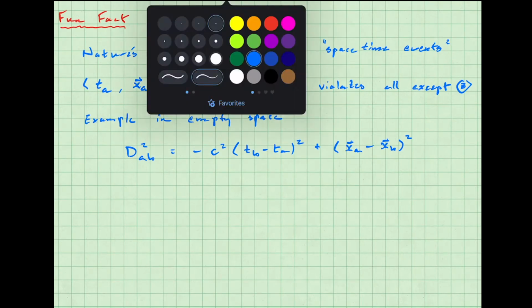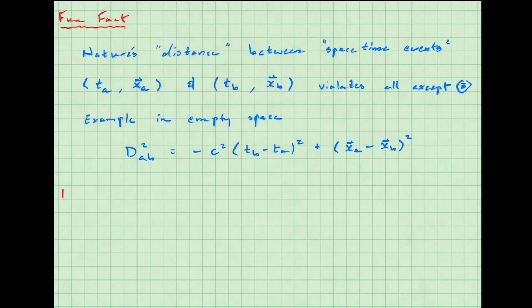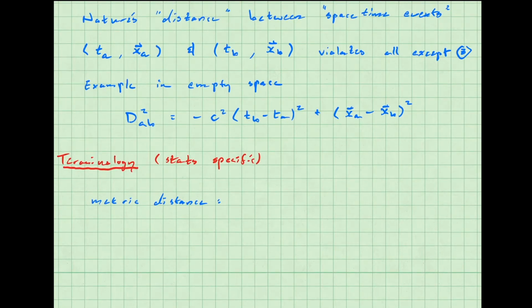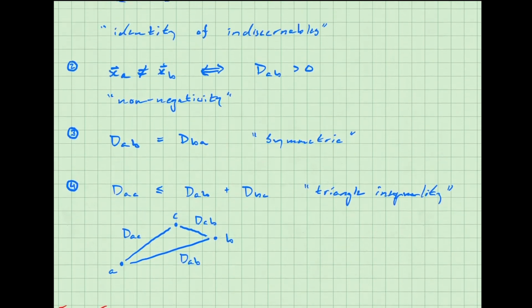Okay, so I'm going to introduce some terminology here that's a little bit statistics specific. So this is for stats people. We say that a distance is a metric distance if all four of those properties above hold, so 1 to 4 hold, these properties that we laid down up here.